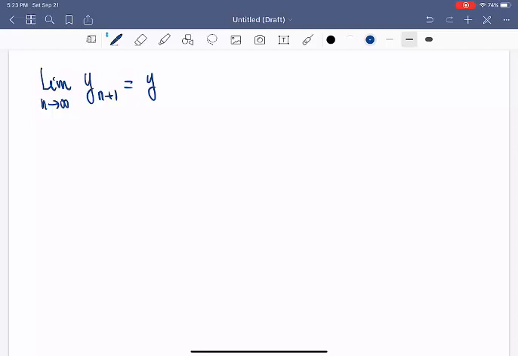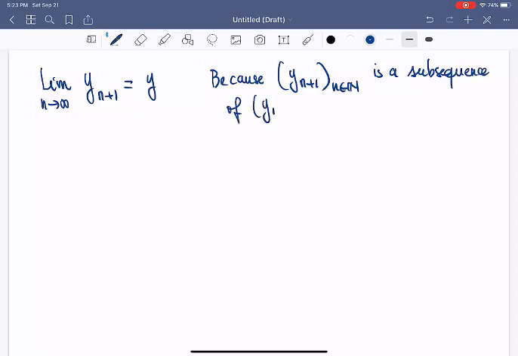Because y sub n plus 1 is a subsequence of y sub n, and because it's a subsequence of that sequence, they have to converge to the same limit.